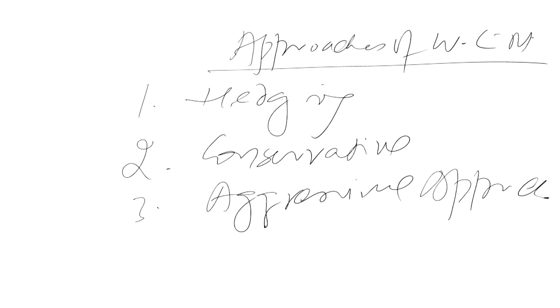Third approach is the aggressive approach. Aggressive approach says that more and more funds will be arranged for financing the short term or current assets from short term sources, spontaneous and short term sources. So if you are following an aggressive approach, more funds are coming from the spontaneous finance and the short term finance, and we are not borrowing from the long term sources at all.